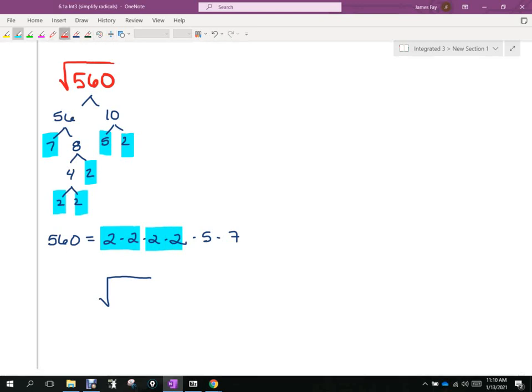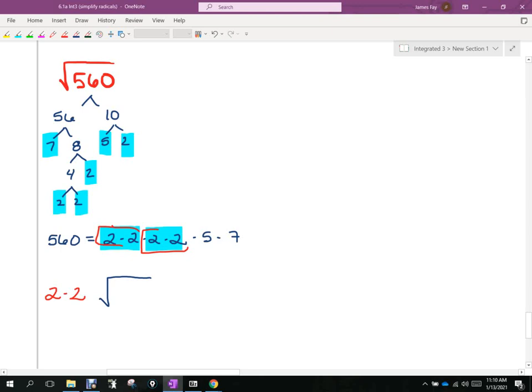So when there is a group or a pair of a particular object, that object comes out in front, okay? So from that group right there, we got 1, 2 that came out. From this group right here, we get another 2 that can come out in front. And we're going to multiply everything that's out in front. If there's multiples, they all get multiplied together.